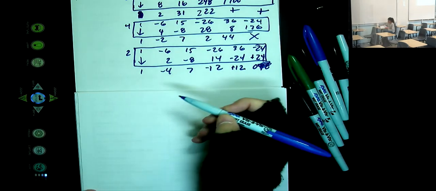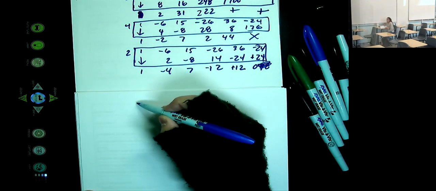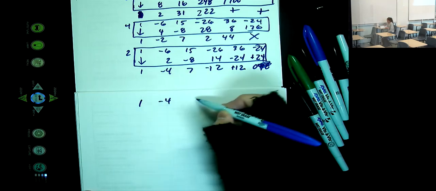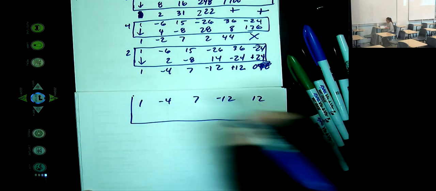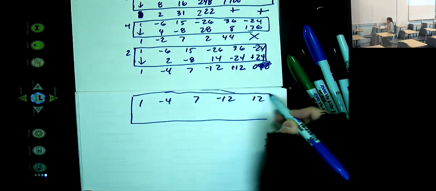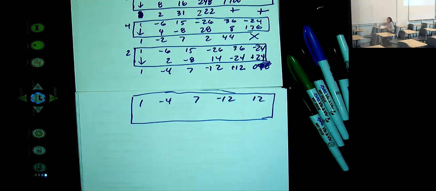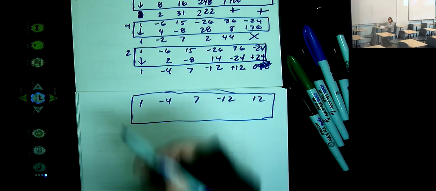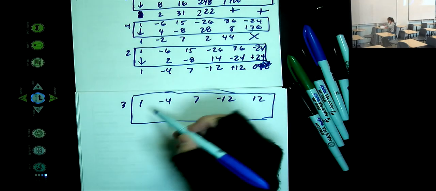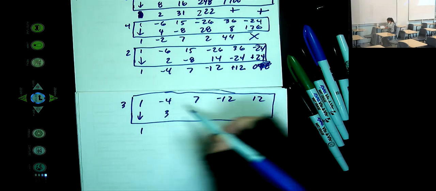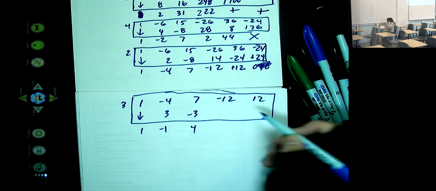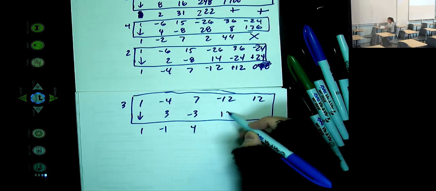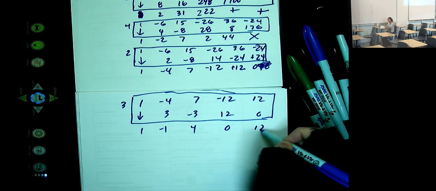So now we have a smaller box to check. I can use 1, -4, 7, -12, and 12 here for my next box. Right, 3. So close. 3 is out.